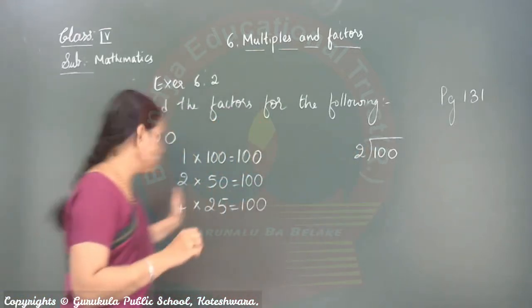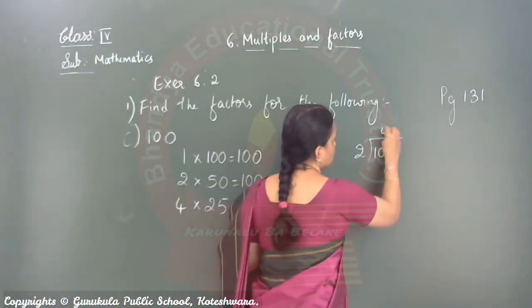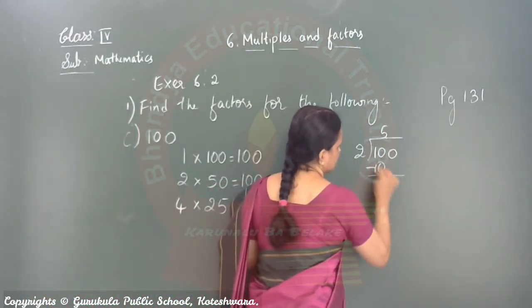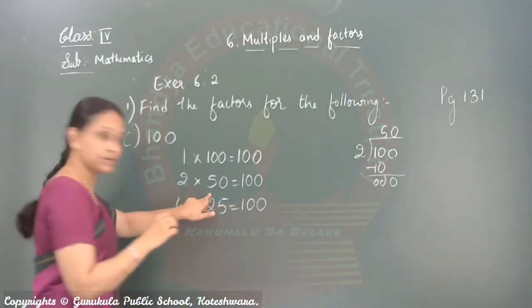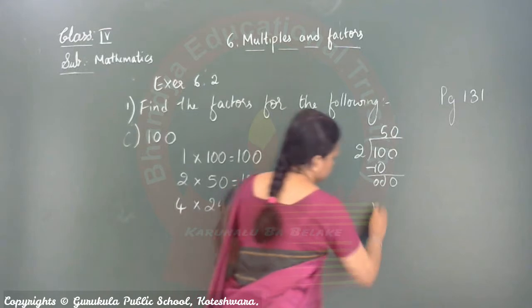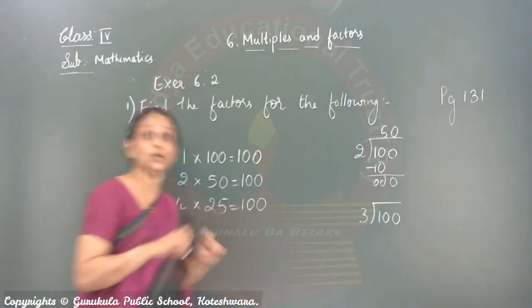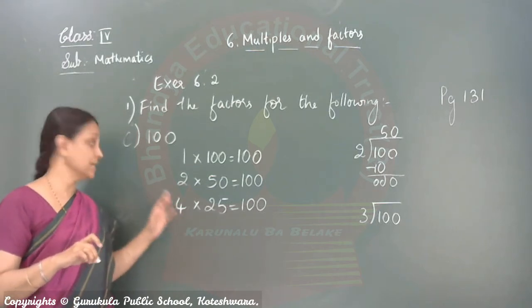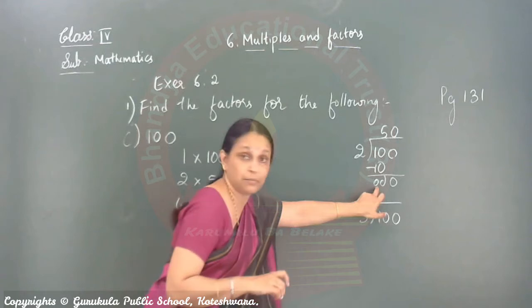You try with this. 2 5s are 10. 0 comes down, we cannot divide, so 50. Did you get? Yes. Now 3. I said we should not get remainder. Remember this? Then only it is a factor of this number. 2 is a factor of this number because we didn't get remainder.